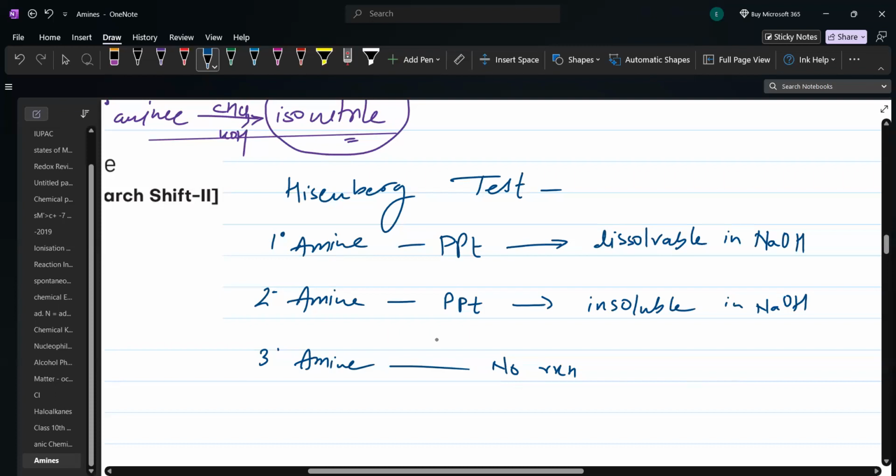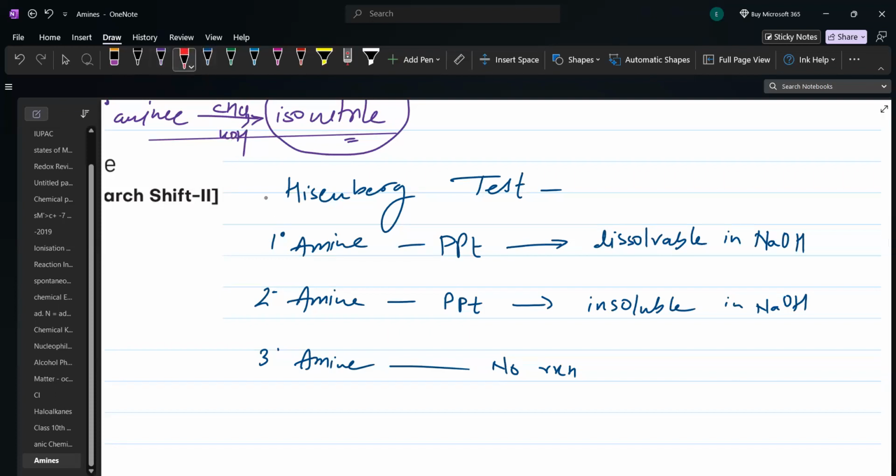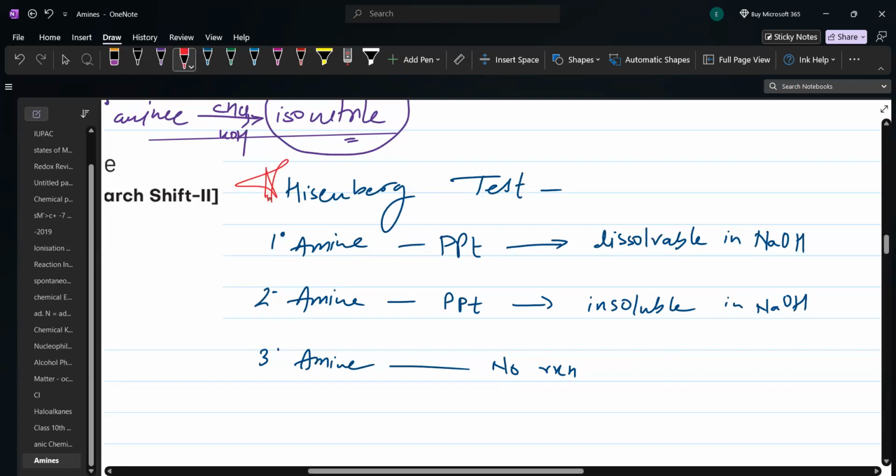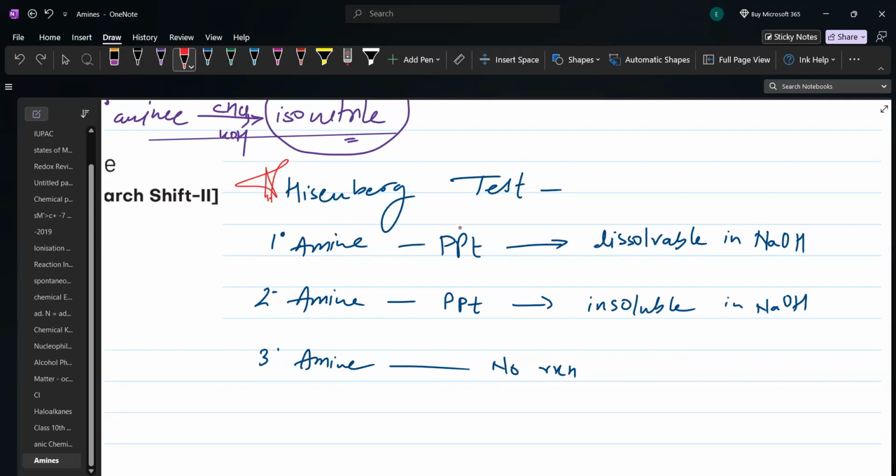So this is the Heisenberg test. This is very much important from the JEE point of view. This is also mentioned in NCERT. This is the important one. Okay, kindly note this.